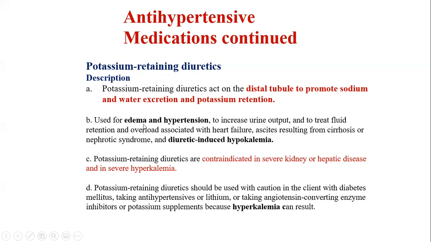They are used for edema and hypertension to increase urine output and treat fluid retention and overload associated with heart failure, or ascites resulting from cirrhosis or nephrotic syndrome, and also diuretic-induced hypokalemia. Potassium-retaining diuretics are contraindicated in severe kidney problems, hepatic disease, or severe hyperkalemia.